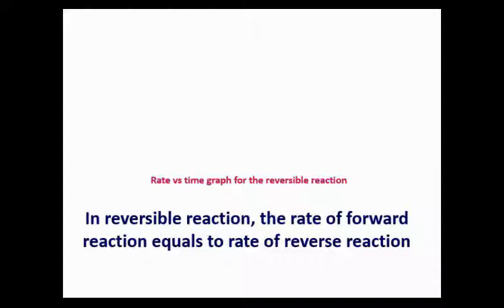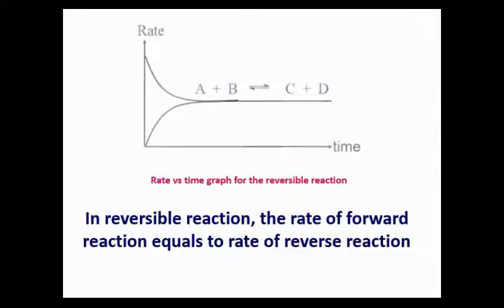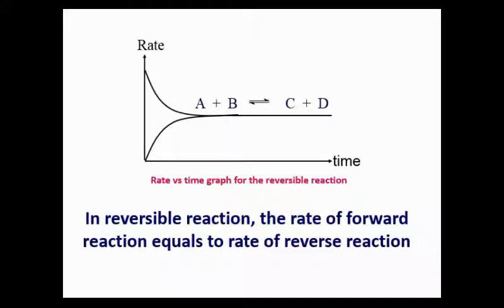This point we can interpret also in the form of a graph. Now we have a graph of rate against time. As the reaction proceeds, as the time increases, the reactants A and B will react together and start losing themselves.